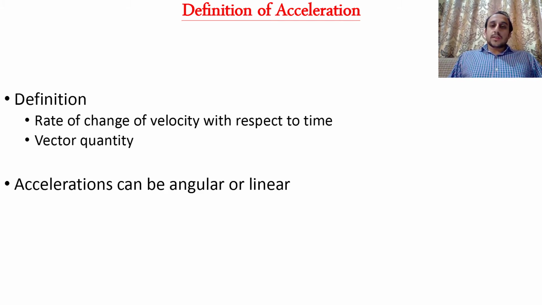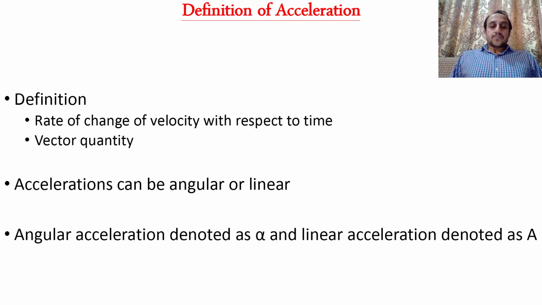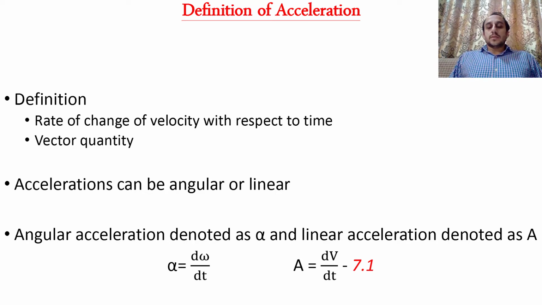Acceleration, similar to velocity, can be of two types. One is the angular acceleration, the other one is the linear acceleration. The angular acceleration we denote with the letter alpha, whereas we denote the linear acceleration with the capital A. These are the formulas for the angular acceleration and linear acceleration.